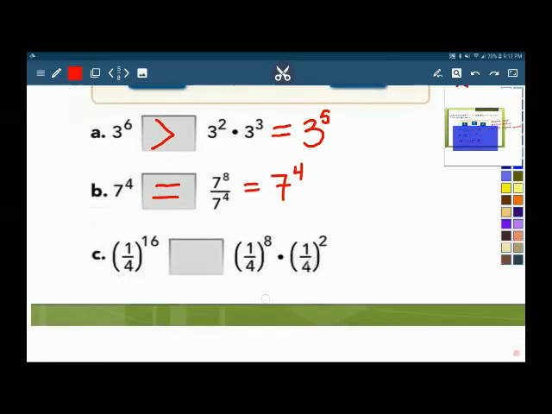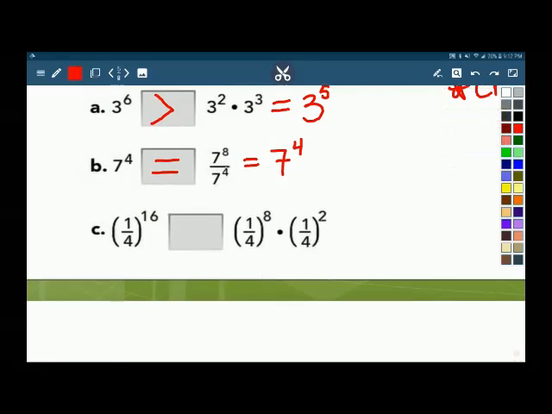So now in our last example, it gets a little tougher because we're dealing with fractions. The thing here is the larger the denominator, the smaller the number actually is because you're splitting it more times. So I think the easiest way to go about this is to make sure that both numbers are in whole number form. What I mean by this is, let's use our negative exponent property.